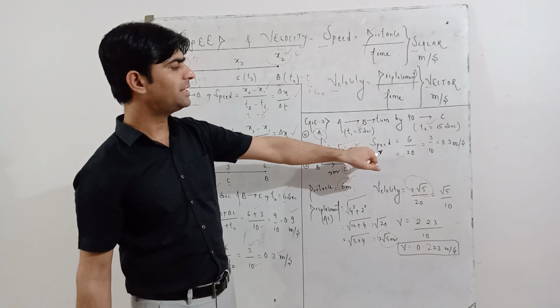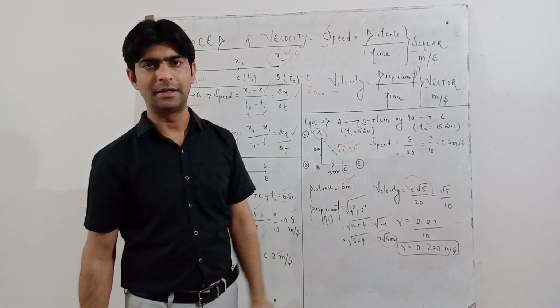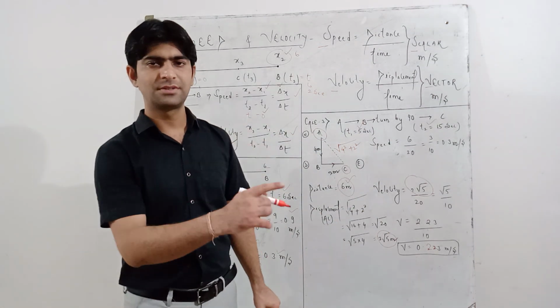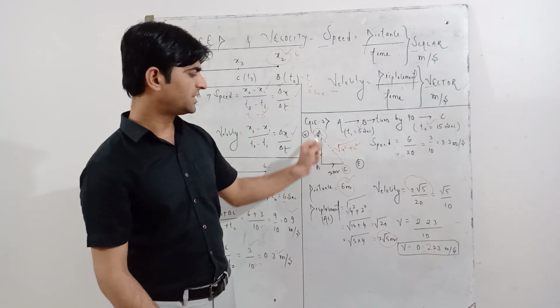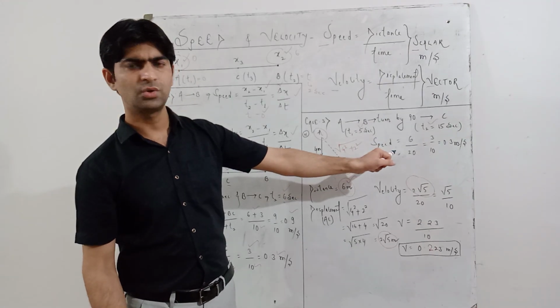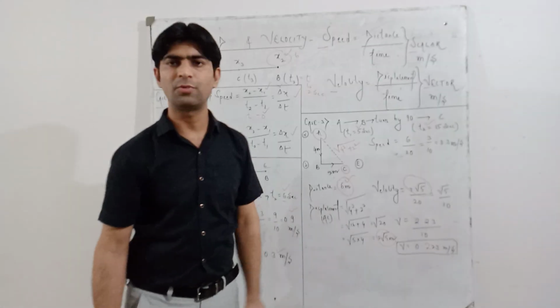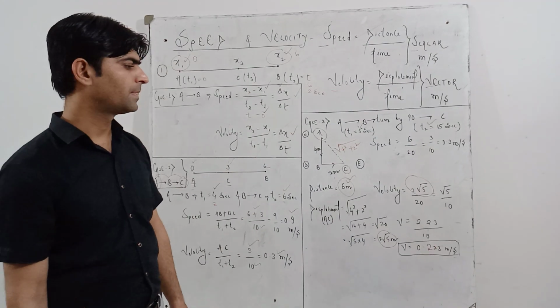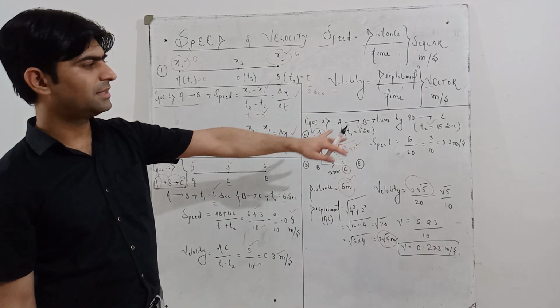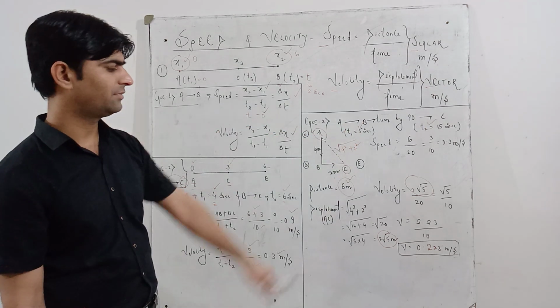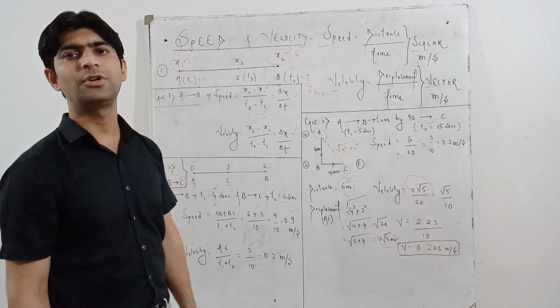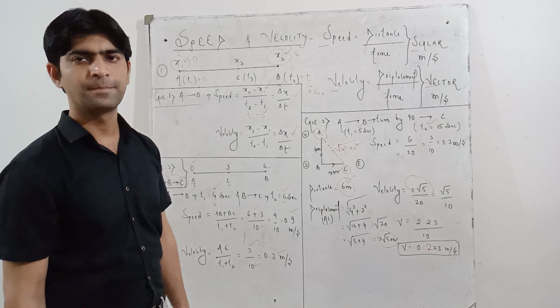If we talk about speed, speed is 6 upon 20, because total distance is 6 meter and time taken is 20, that is 5 plus 15, which is equal to 0.3 meter per second. So again, speed is 0.3 meter per second, whereas velocity is 0.223 meter per second.